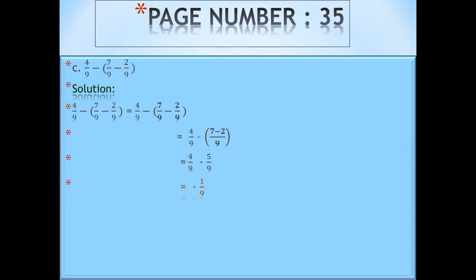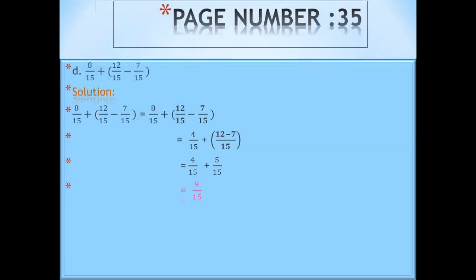When we subtract the greater number from the smaller, we always use the sign of the greater number. And the sign of the greater number is minus, because 5 is inside the whole minus sign. So that's why our answer becomes minus 1 over 9.